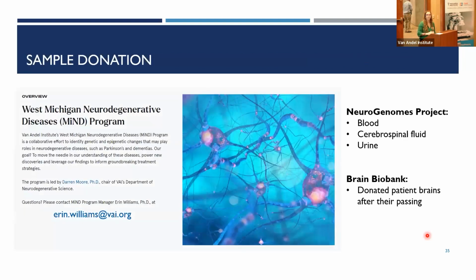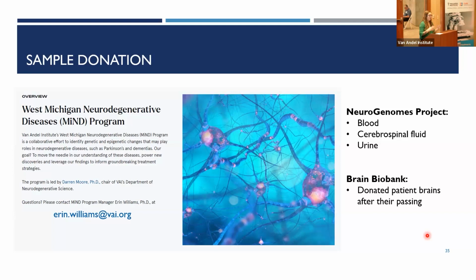here. And I would just like to say, we're very lucky here at the Van Andel Research Institute. The Van Andel family donated a large amount of money for us to create this West Michigan neurodegenerative disease program, or it's called the MIND program. And this allows us to work with clinicians at local hospitals to receive blood, CSF, and urine from Parkinson's disease patients.